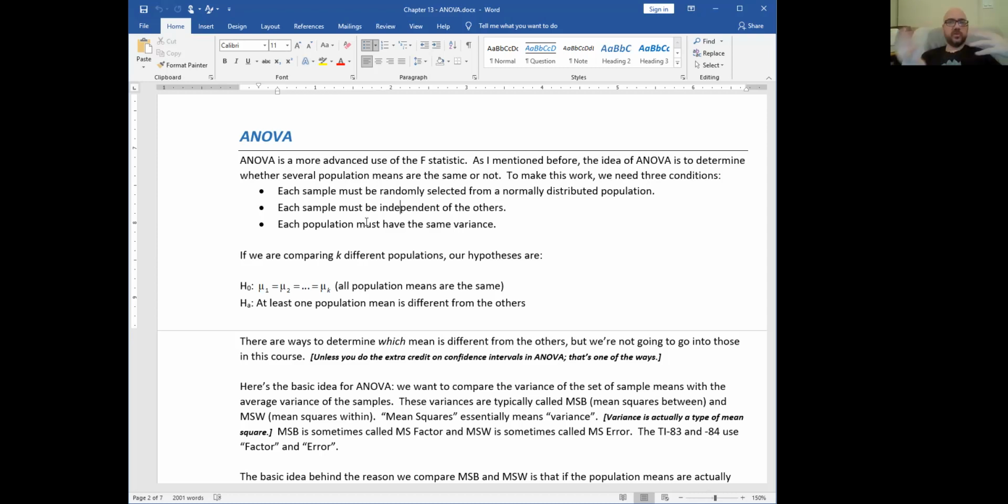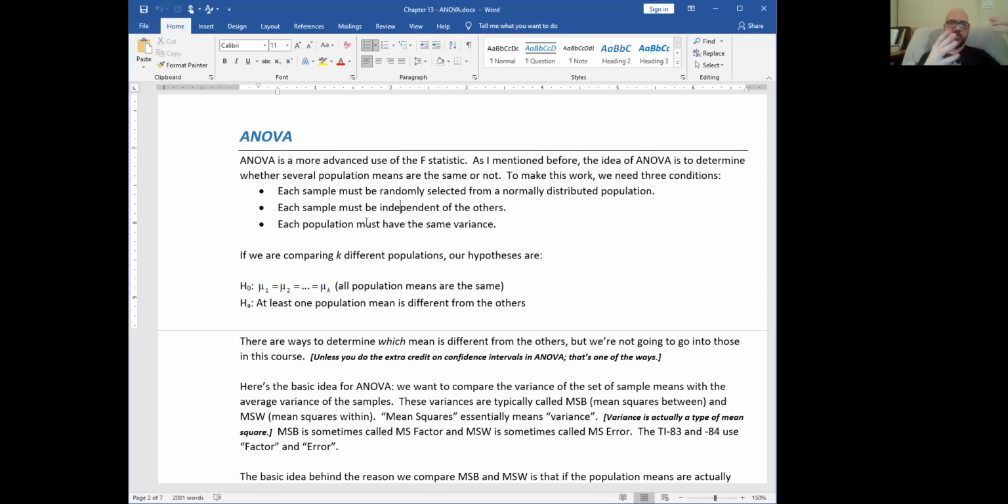Now, you don't just randomly do ANOVA on anything, right? You have to have some reason to believe the means are equal. So for instance, let's say you wanted to check to see if several different professions all had the same average salary, like a contractor and a mechanic and a plumber and some other tradesmen professions, and you wanted to see, do they all have the same average salary?